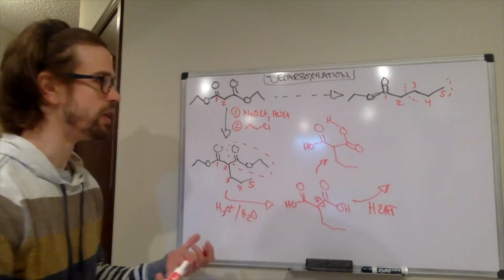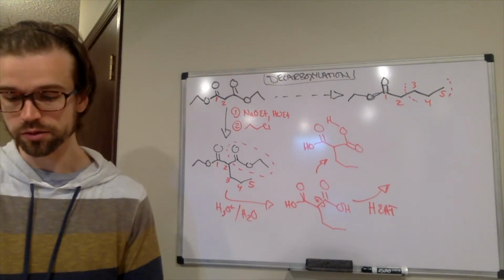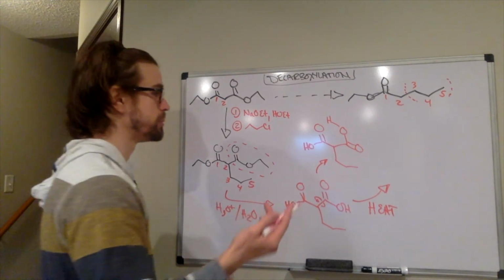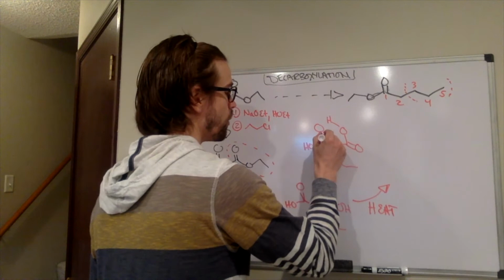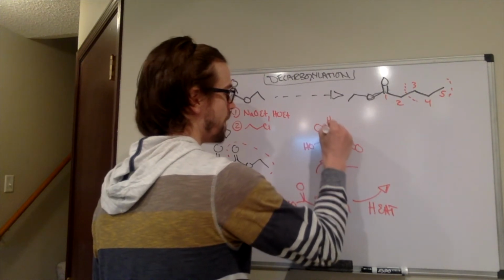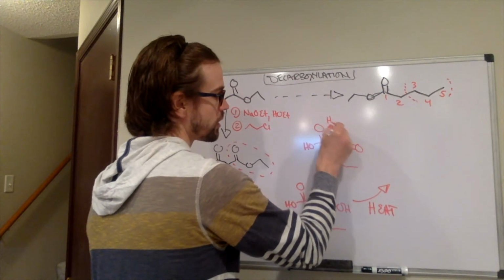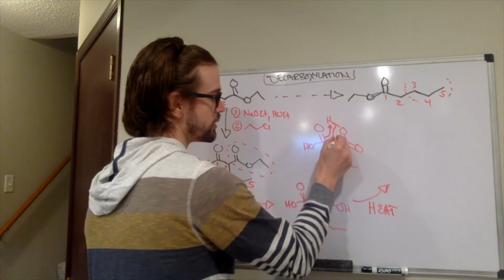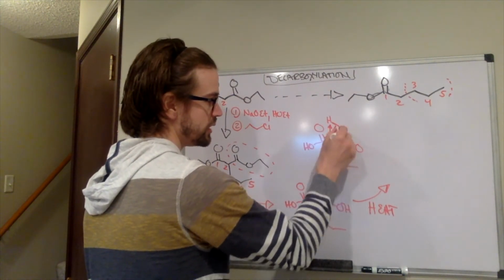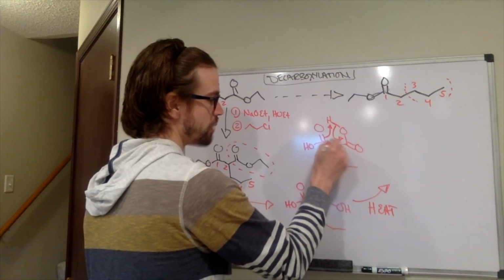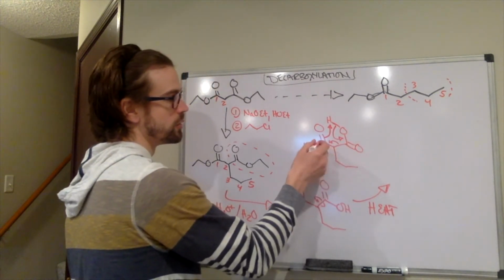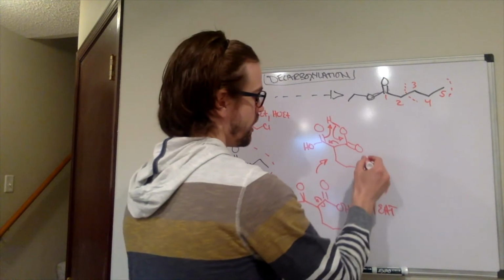And what happens when we heat it? Well, it goes through this cyclic six-membered ring transition state where that pi bond is going to break and grab that hydrogen. This oxygen-hydrogen bond breaks and forms CO2, so the C has two O's on it, and then this bond breaks and goes to form a double bond there.